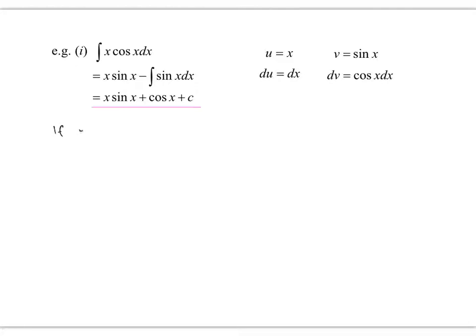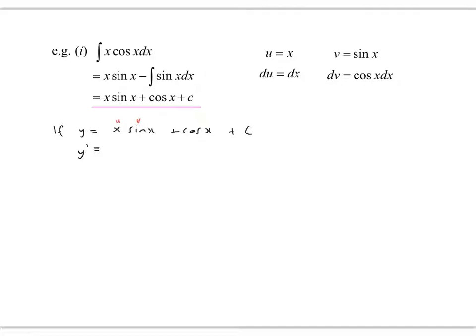So if we differentiate our answer, you should get x cos x. So if y is equal to x sine x plus cos x plus an arbitrary constant, doesn't matter what that is, dy/dx is going to be, we will actually have to use the product rule right here, so that's u and that's v.